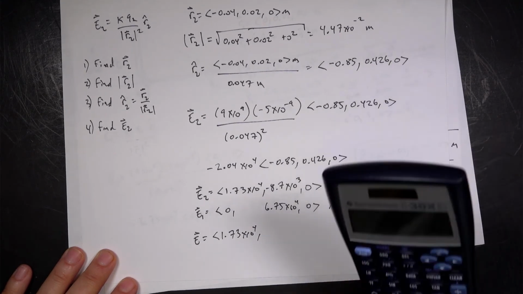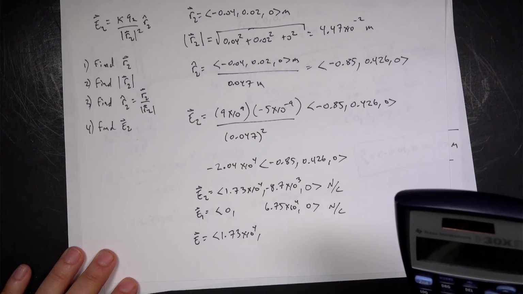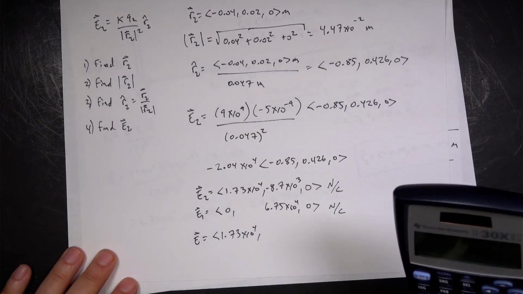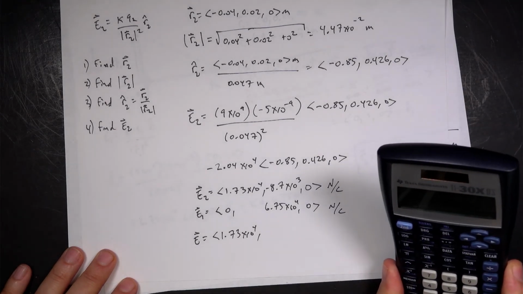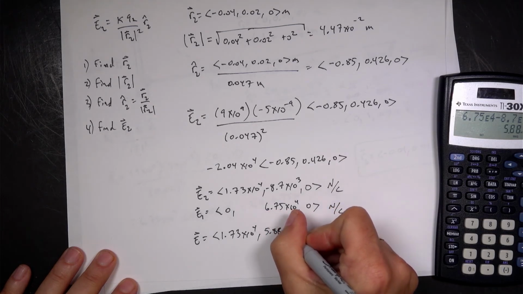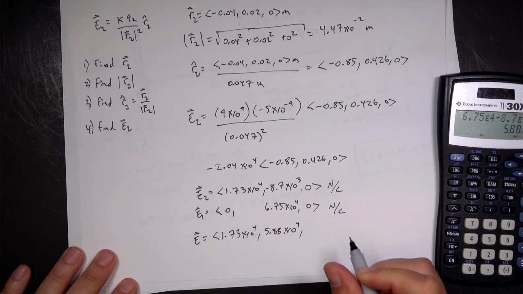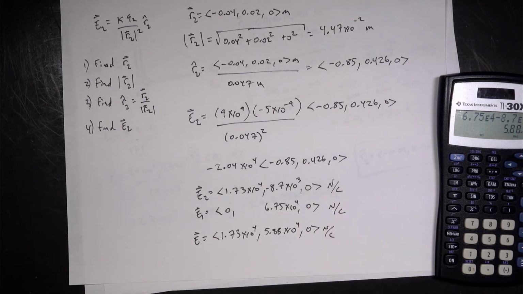And I get 5.88 times 10 to the fourth. And then I get 0 minus 0 is 0. And that's my answer.